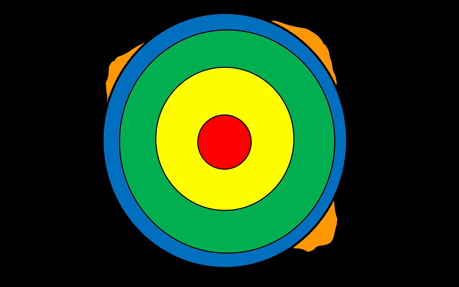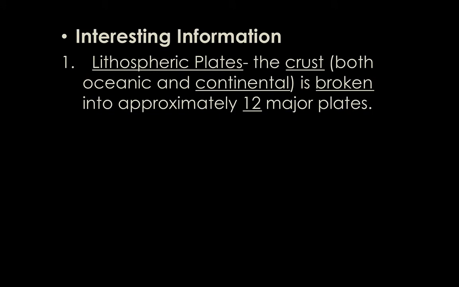All right, and then back on the notes, we've got some main numbered interesting information here, just some general things about the Earth being layered. First of all, lithospheric plates. As we mentioned, the crust, both the oceanic and the continental crust, is broken into approximately 12 major plates is what we call them.